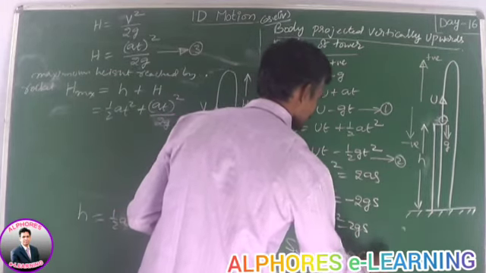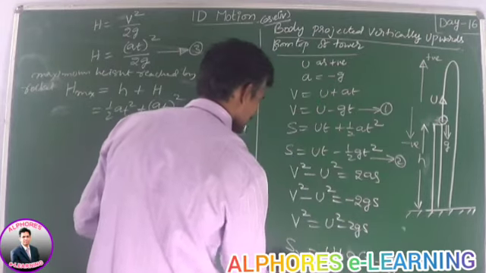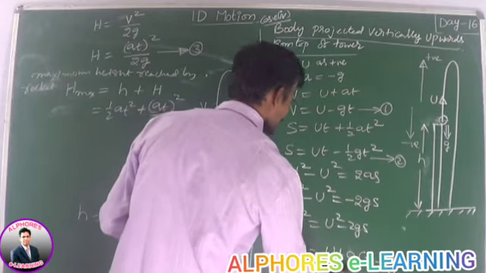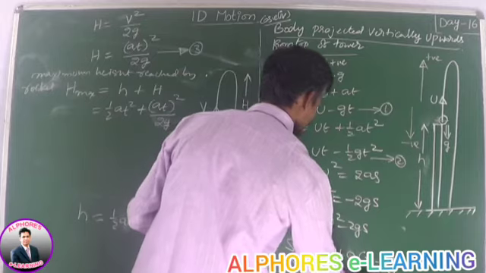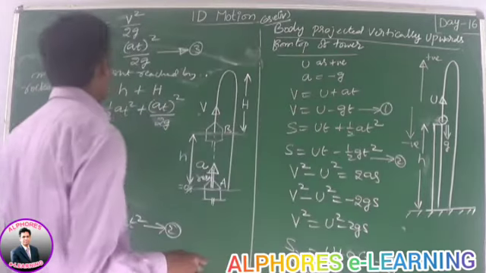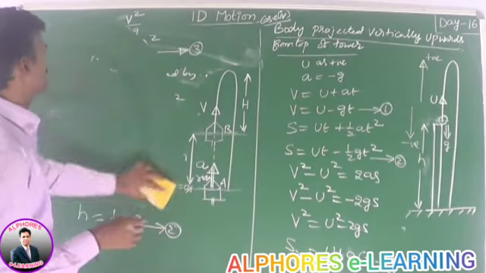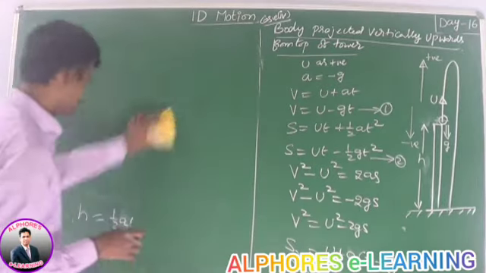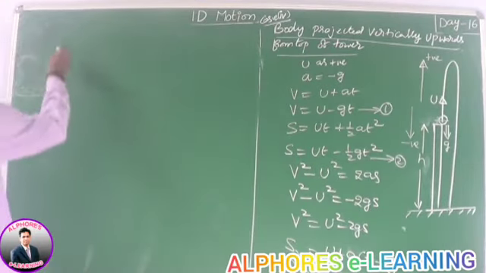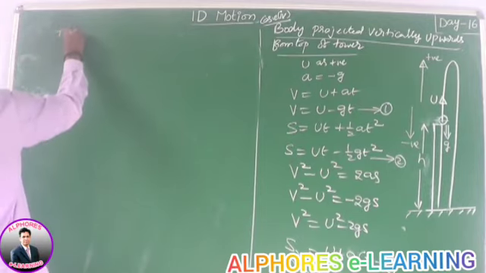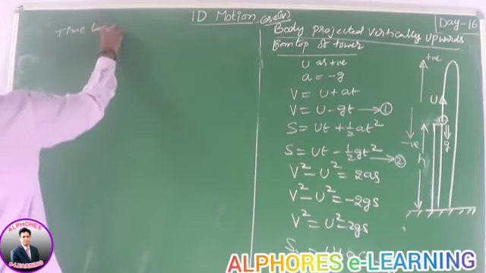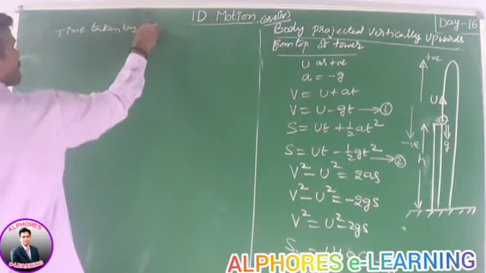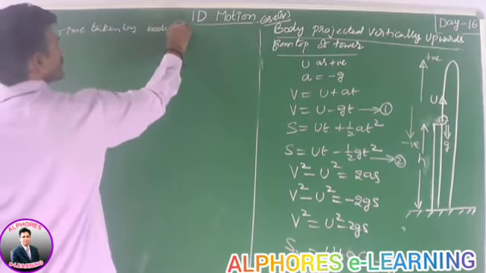This is the basic equation. I am changing this as Sn is equal to u minus g into n minus half. So here I want to calculate the time of flight of this vertically projected body from the top of the tower. So time taken by the body to reach the ground, this is my subheading.